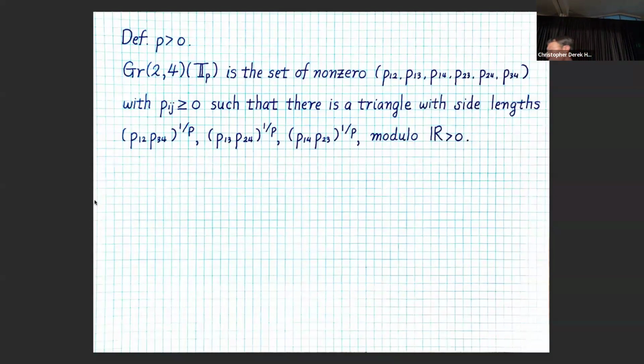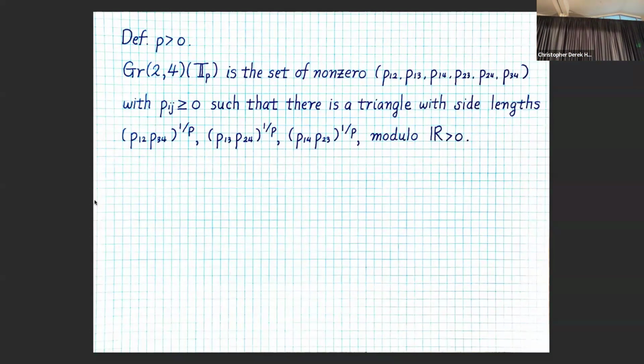Okay, so you don't really need to know for today what T1 or TP or T0 is. You only need to know this definition of the Grassmannian Gr(2,4) over TP. And this is a very concrete definition in terms of inequalities, a particular subset of R to the 6.